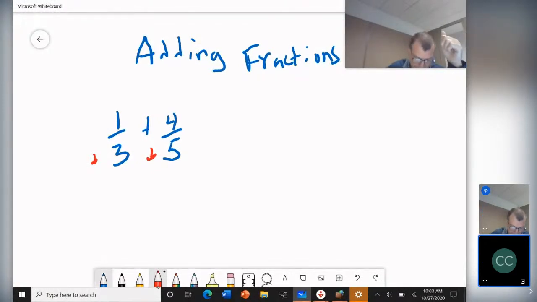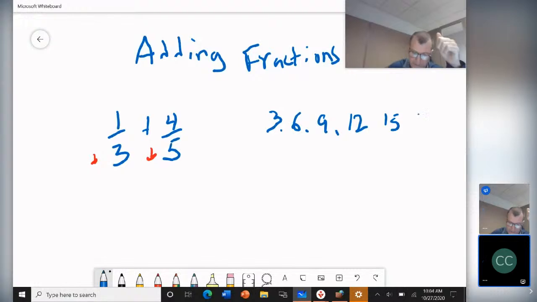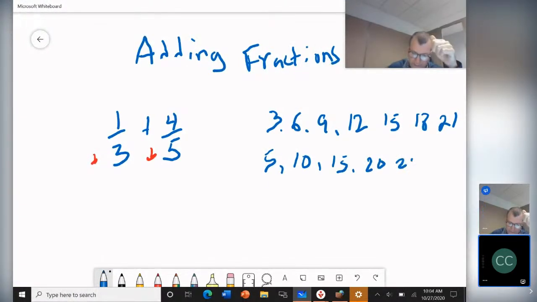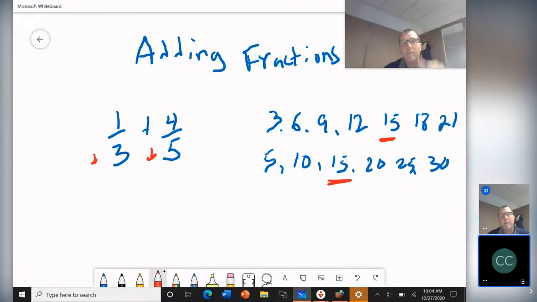For 3: 3, 6, 9, 12, 15, 18, 21. For 5: 5, 10, 15, 20, 25, 30. We see 15 is the least common multiple of 3 and 5, so 15 is going to be our denominator.